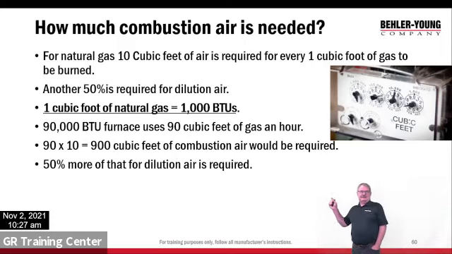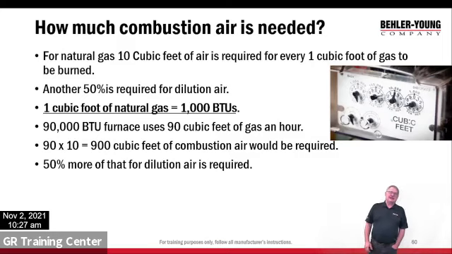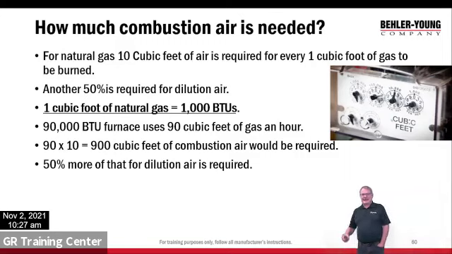So if I have a 90,000 BTU furnace, 90,000 BTUs an hour, that would require 90,000 divided by 1,000, or 90 cubic feet of gas an hour. So how much air do I need for that furnace? There's the question. So 90 times 10, because I need 10 cubic feet of air per cubic foot of gas. So that's 900 cubic feet of combustion air.